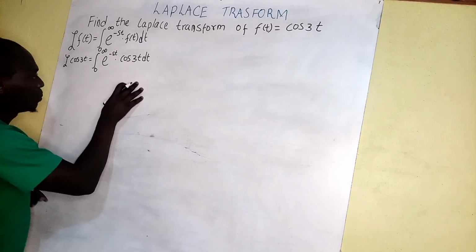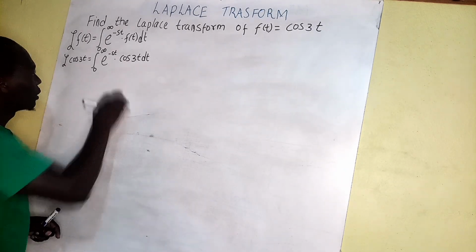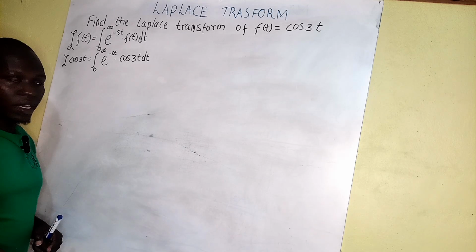dt. At this point, what we are being required to do is change cos 3t into an exponential.